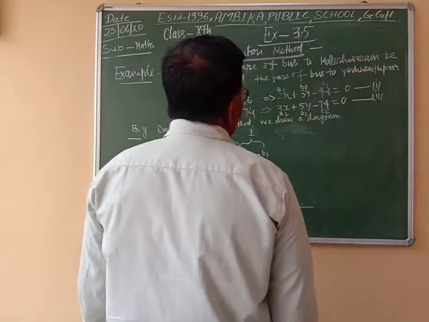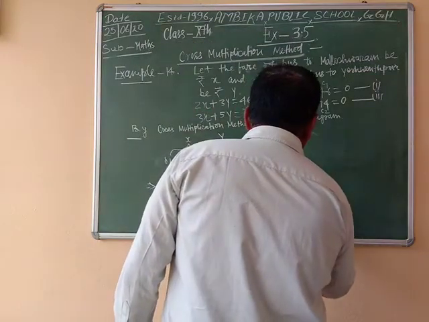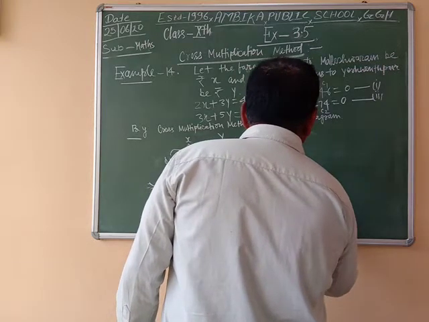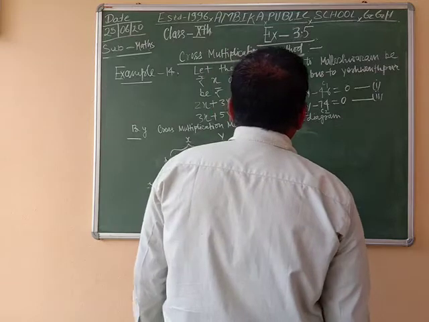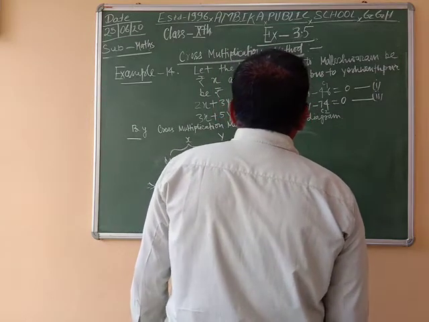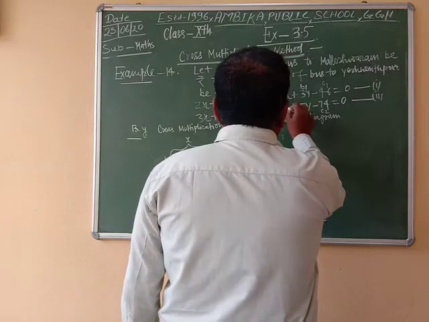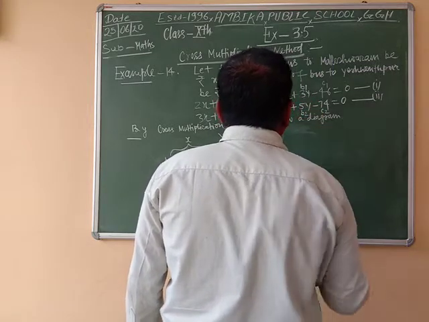A1 is 2 and B2 is 5, so 2 into 5, minus A2 B1. A2 B1 is equal to 3 into 3, because the coefficient of x is 3 and the coefficient of y is 3.